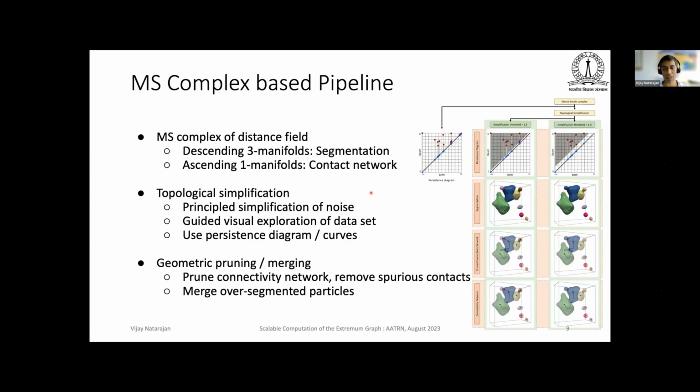Of course, noise needs to be handled, and we do this via a principled simplification that is driven by the persistence of the different critical point pairs. Now, the persistence diagram and the persistence curve, which is essentially just the histogram of the number of critical points against increasing values of persistence, I will show pictures later.